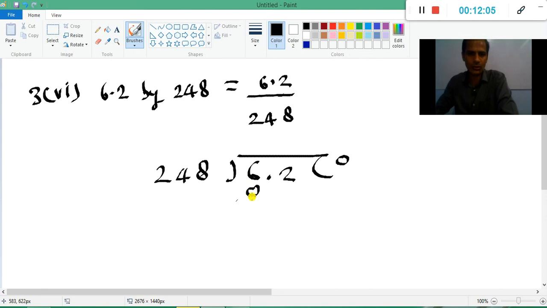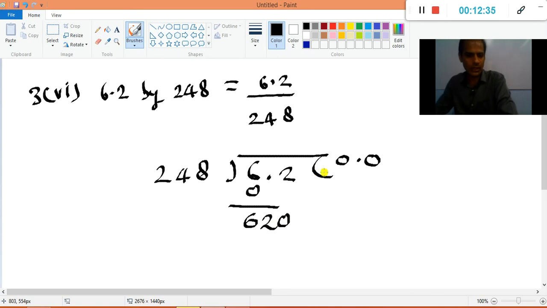Okay, 248 0 ja 0, then 6 minus 0 is 6, then copy this 2 and you can see that there is a decimal just before 2. So whenever you copy 2 here, you will place a decimal here. Now again after copying this number it is not divisible, write one more 0 and again write 0 here.